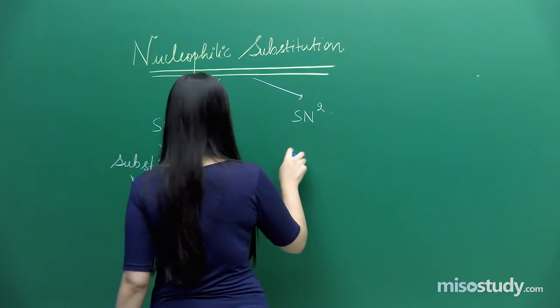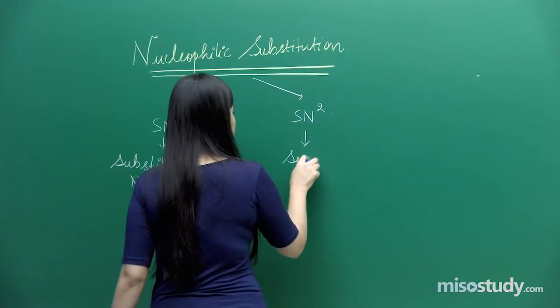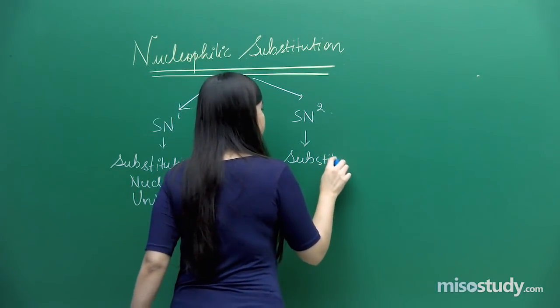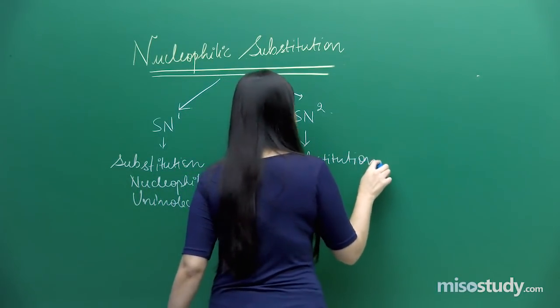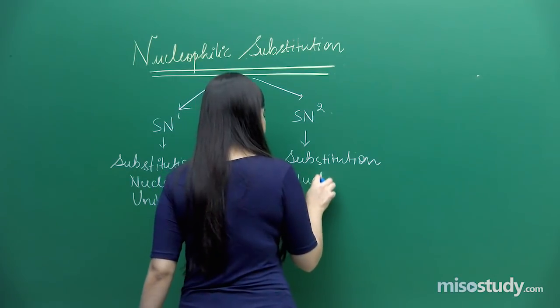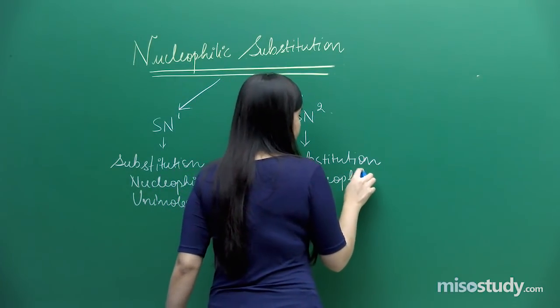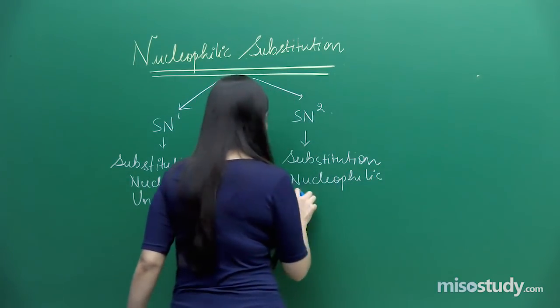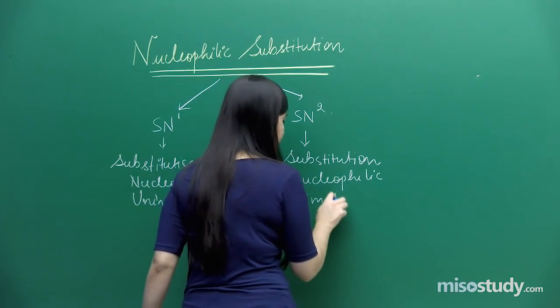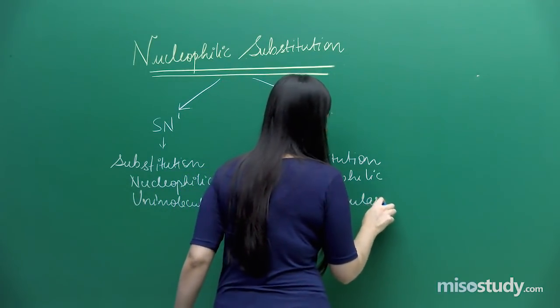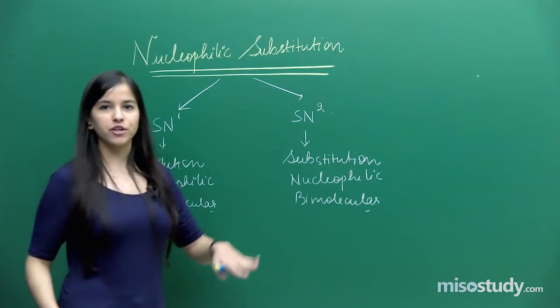And that is substitution, nucleophilic, bimolecular. Everybody remembers that or not? Nucleophilic, bimolecular, right? Why is this known as unimolecular and why is this known as bimolecular?